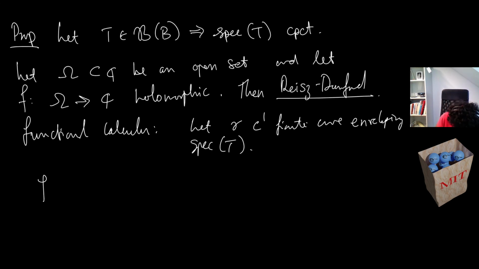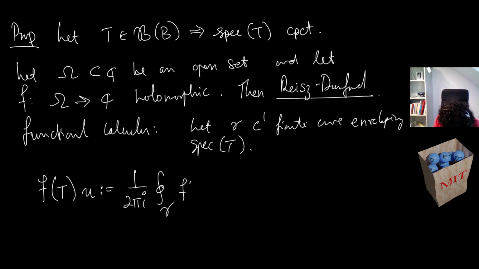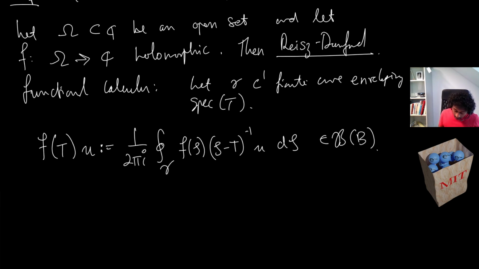And so we can define f of T of u as 1 on 2 pi i times the integral over this curve of f of zeta, times zeta minus T inverse of u, d zeta. Okay, and this is now a bounded operator in B. It's bounded because, of course, this is a finite length curve.